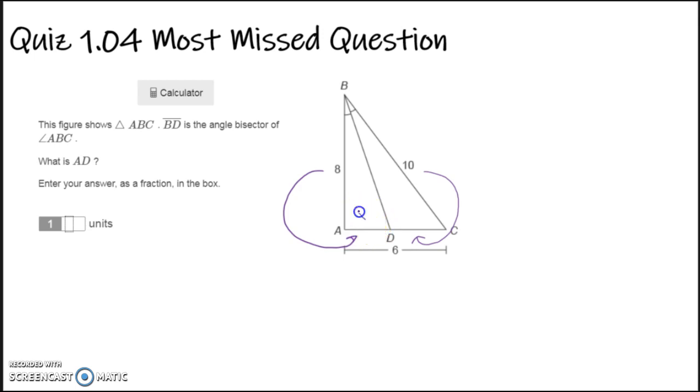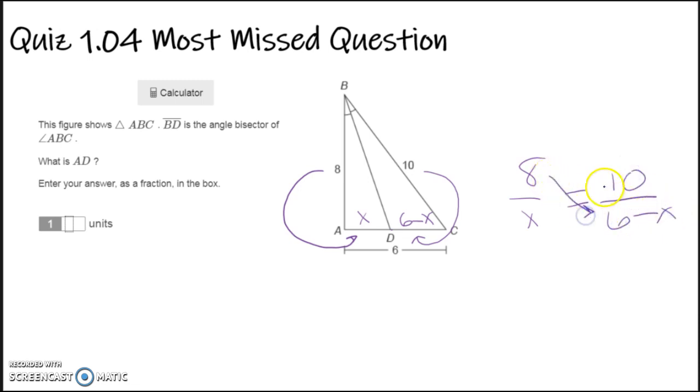Well, let's call AD x. And that means that DC would have to be 6 minus x. It would have to be whatever's left after we take away x from that whole length of 6. So we have 8 over x is equal to 10 over 6 minus x.